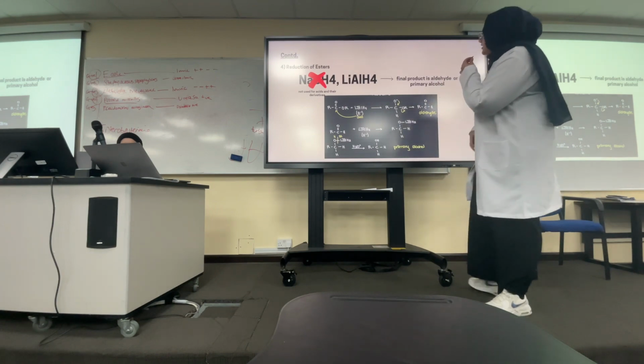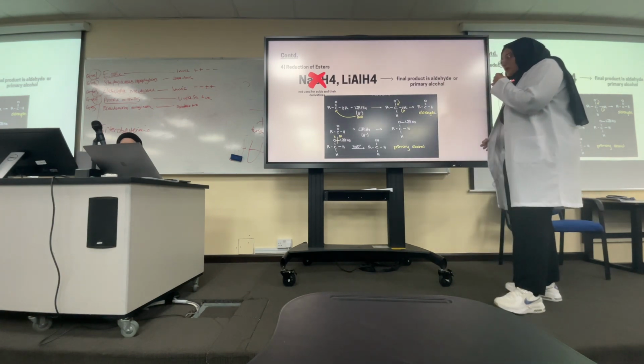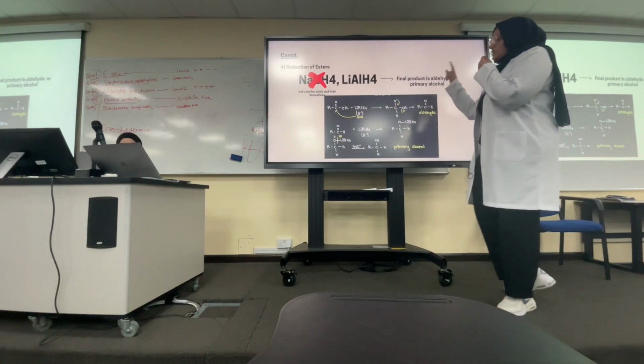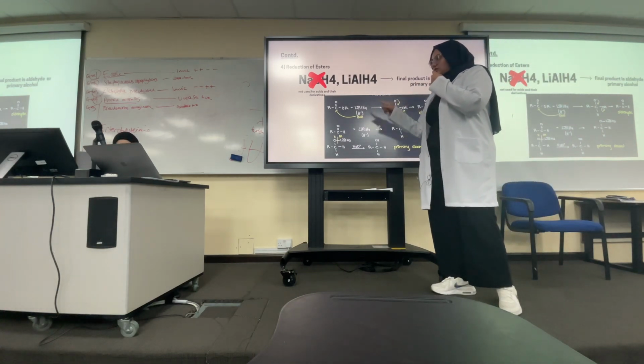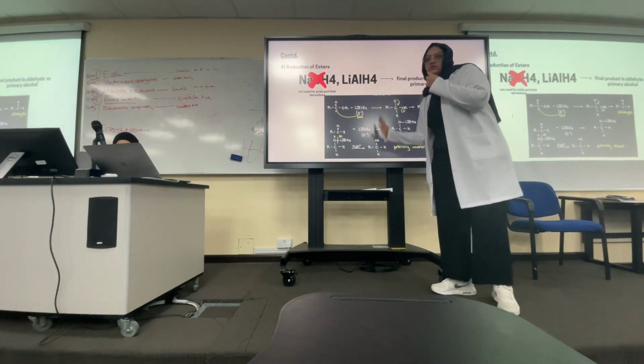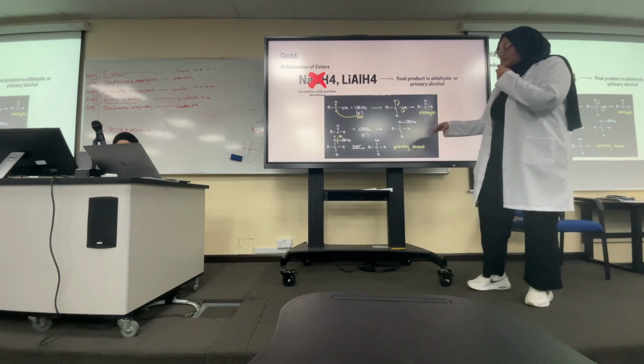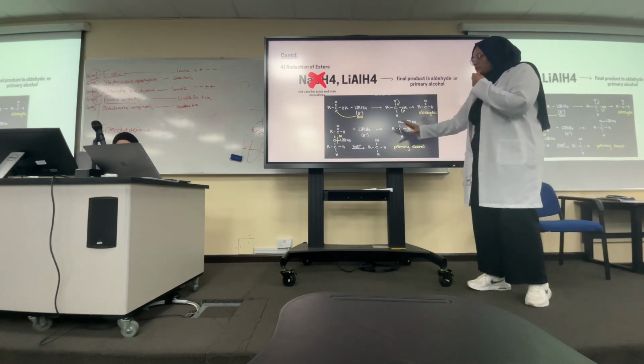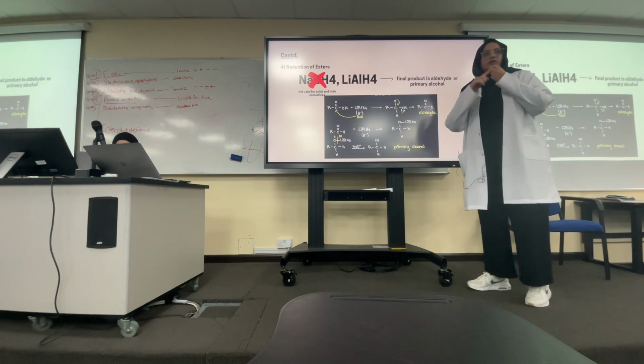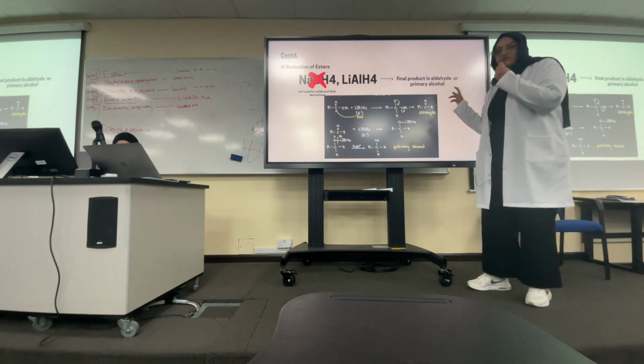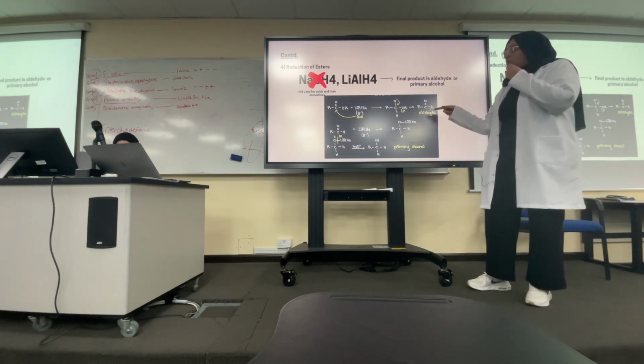The final product is either an aldehyde or a primary alcohol. Here, same thing, you see the number of moles. If it's 1 mole, it will be an aldehyde, 2 moles, it will give me a primary alcohol. But again, check with Dr. Najjar if this really matters or not.